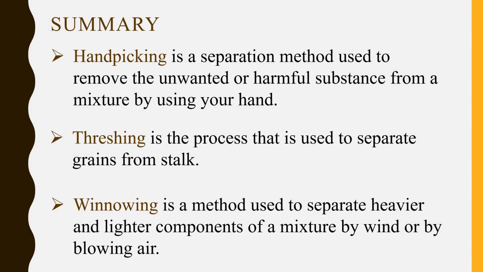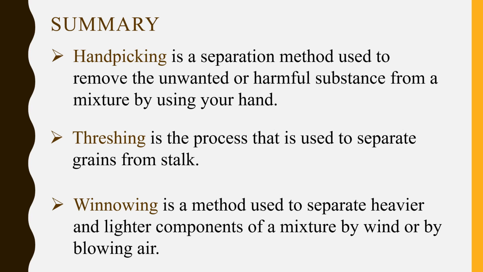So, in this session, we have studied three methods of separation, that is hand picking, threshing and winnowing. Hand picking is a separation method used to remove the unwanted or harmful substance from a mixture by using your hand.